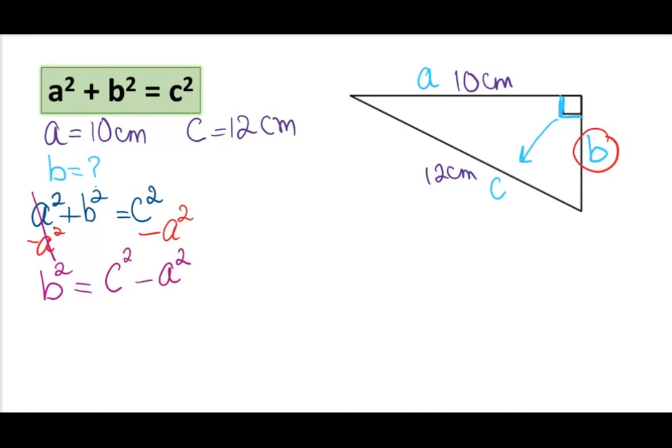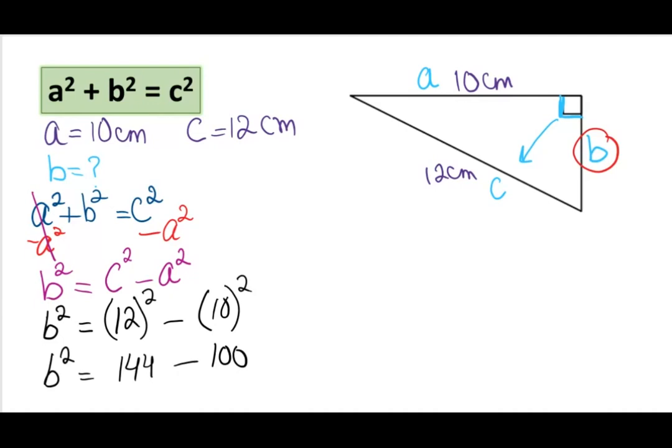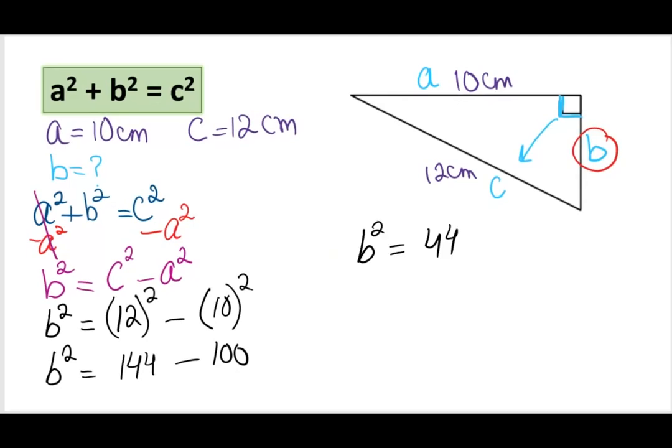Okay, so we have the variable isolated. Let's plug in the numbers and solve for b. So c squared is 12 squared minus 10 squared. So we have 144 minus 100. Okay, so we have b squared equals 44.